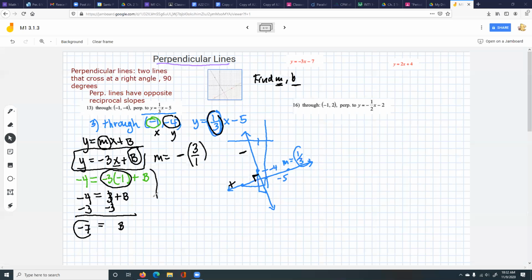So the equation is going to be y equals -3x minus 7. That is the equation of the line that is perpendicular to this line and crosses through specifically this point, -1, 4. Crosses through that point right there, -1, 4.